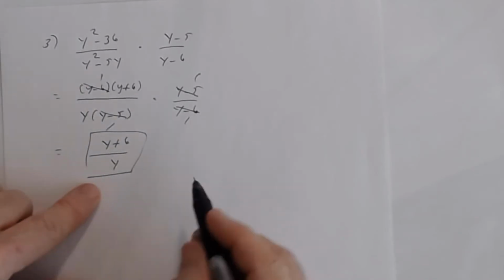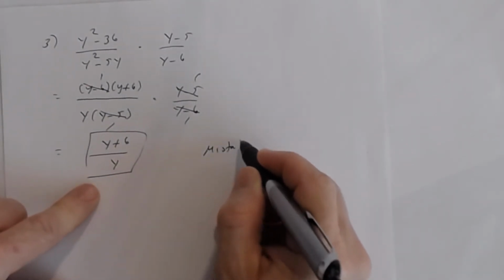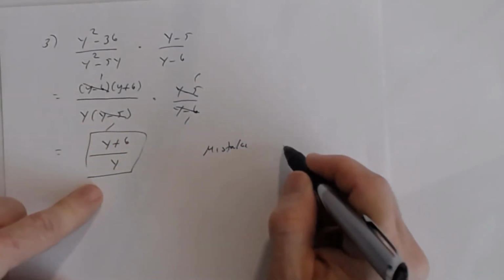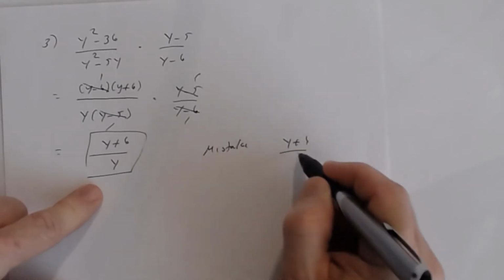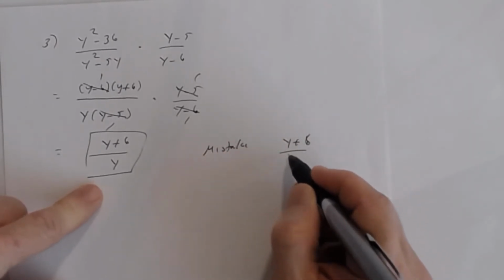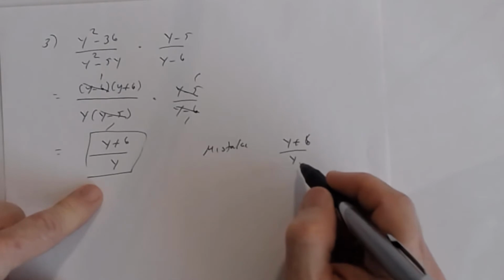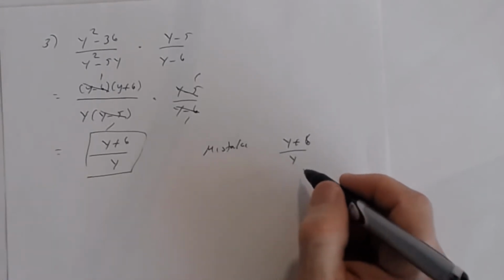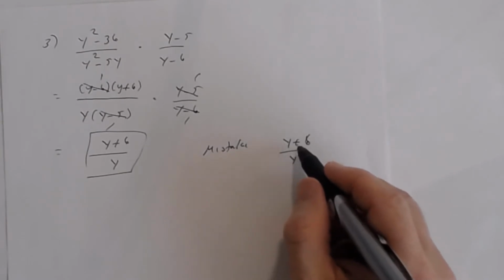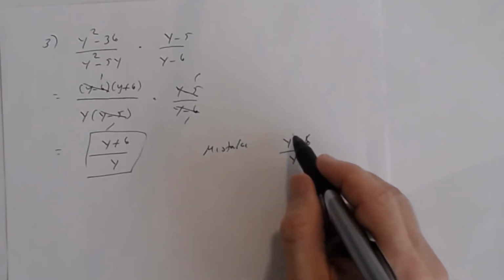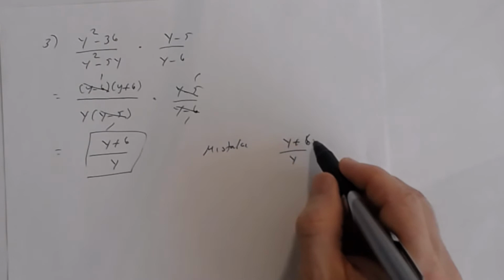Now don't make the mistake, and some students do this when they don't quite understand what factors are. Some students seem to think that they can divide out these y's here. You cannot do that. Because remember, factors are separated by products. This is not y times 6, this is y plus 6. So this whole thing is considered one factor.